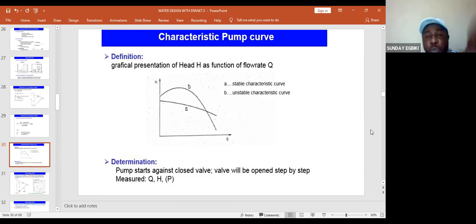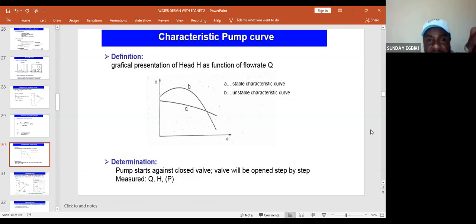Then you decide to buy 2 of those 1 horsepower pumps to give you that 2 horsepower in combination. As an engineer, how will you arrange those 2 pumps on site so that you will be able to get the required head or the required flow rate?